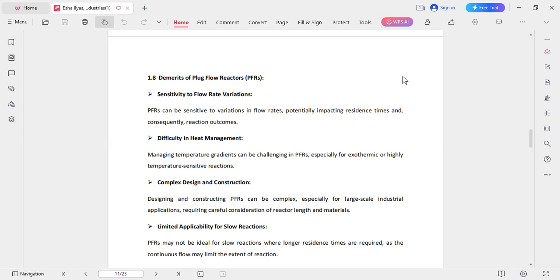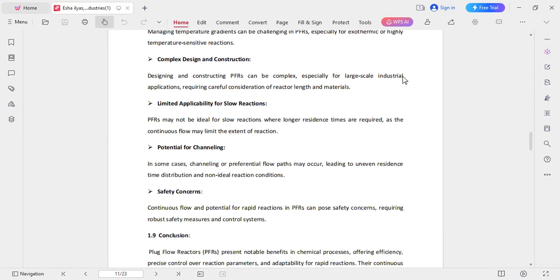Plug flow reactors may not be ideal for slow reactions where longer residence times are required, as the continuous flow may limit the extent of reactions. Number five, potential for channeling. In some cases, channeling or preferential flow paths may occur, leading to uneven residence time distribution and non-ideal reaction conditions.